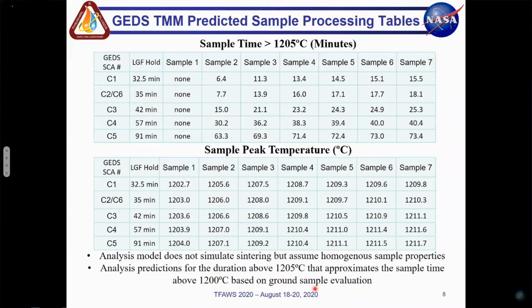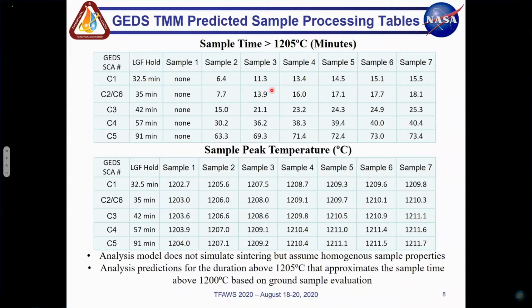So this chart shows each one of the samples for each cartridge, how long we were going to have a temperature hold at the PI's desired temperature, and how long each one of the samples would be above the PI's desired temperature. So the PI was asking us to have the samples at or above 1205 degrees Celsius.